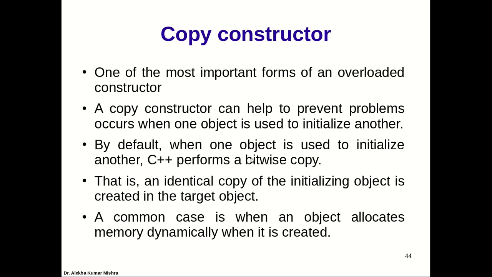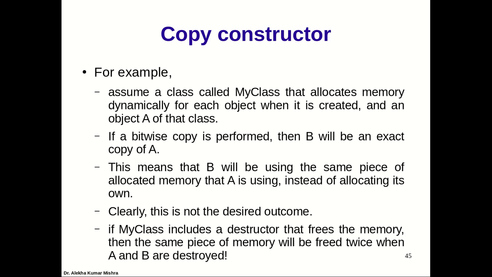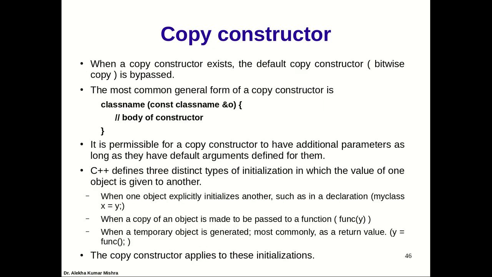But when there is dynamic memory allocation somewhere, it is always better to take help of the copy constructor, a user defined copy constructor. Instead of using the default copy constructor provided by the compiler, it is better to use the user defined copy constructor, which is defined using this syntax.